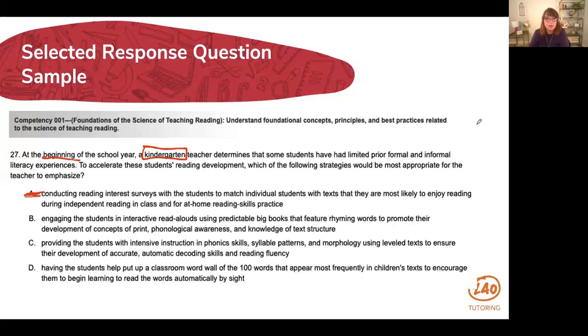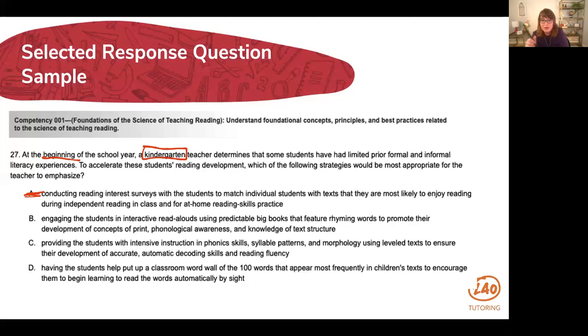Now, if we look at B, it says engaging students in interactive read alouds using predictable big books that feature rhyming words to promote their development of concepts of print, phonological awareness, and the knowledge of text structure. All of that leads right into what we would do in kindergarten.